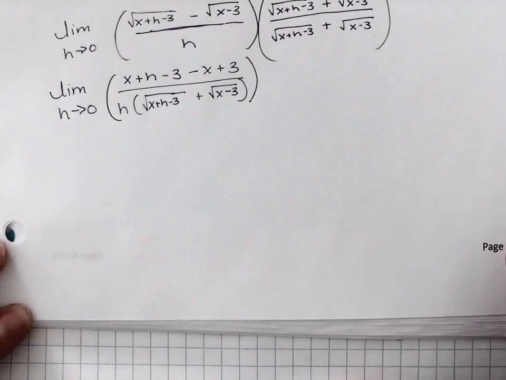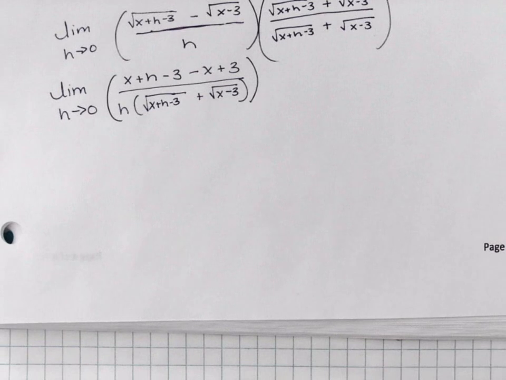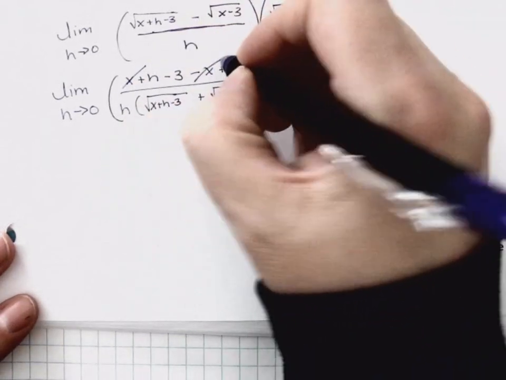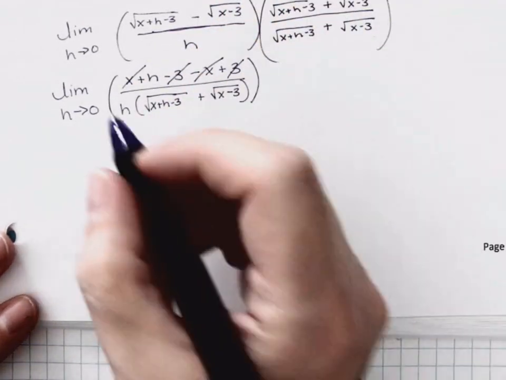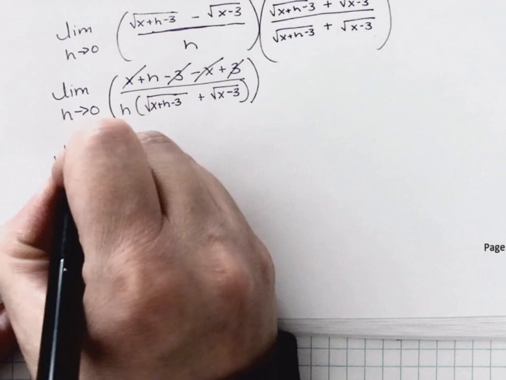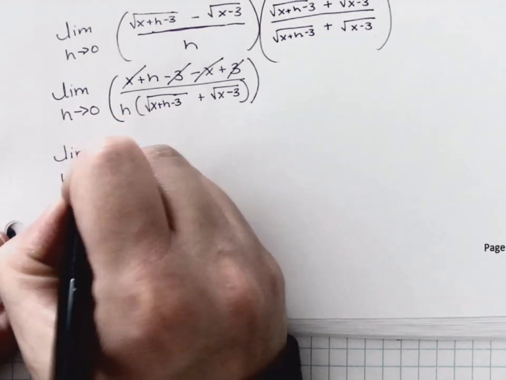Okay, I feel you. All right, so now I'm going to combine like terms on the top. The h's end up canceling each other out, the 3's end up canceling out. What's left on top? Just a lone letter h.